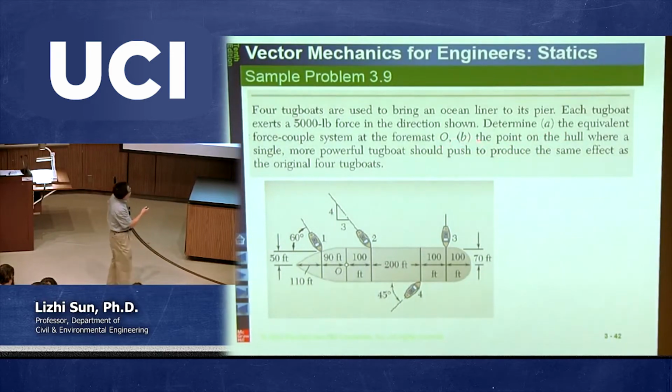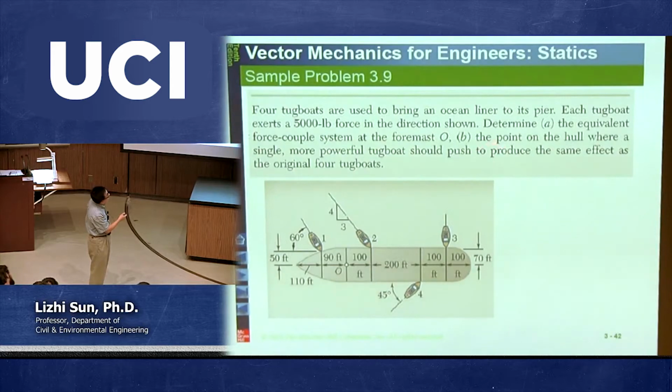So, second question: can we find a point on the hull of this big liner, outside this boundary? Just one point, or in other words, one boat, where a single but more powerful tugboat, assuming each small boat has the maximum force capacity like 5,000.